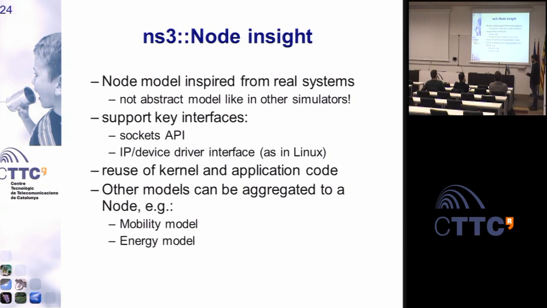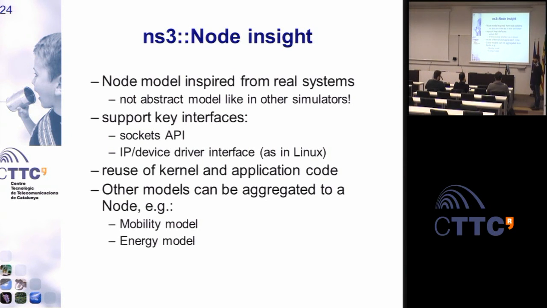And the model of the node in ns-3 is inspired by a real system. This is a key difference with respect to other simulators, such as, for example, ns-2, that had a completely different node model. In particular, the interface between the applications and the networking stack was modeled after the sockets interface.